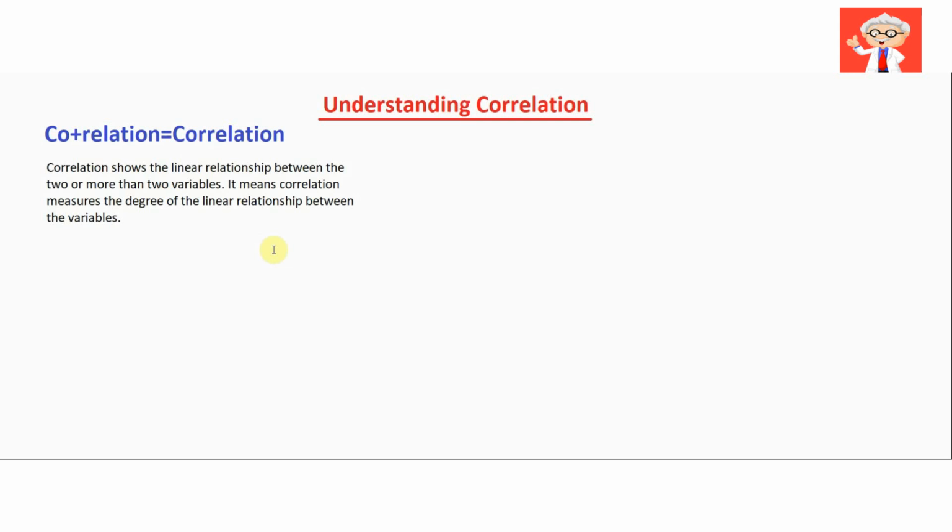Variables are those things whose value does not remain constant; the value of variables varies with time and with place. So those things whose value does not remain constant are defined as variables, and the relationship between such variables is defined as correlation.